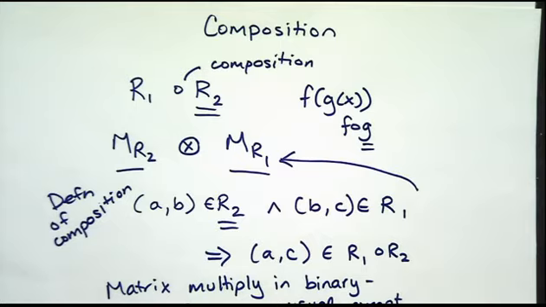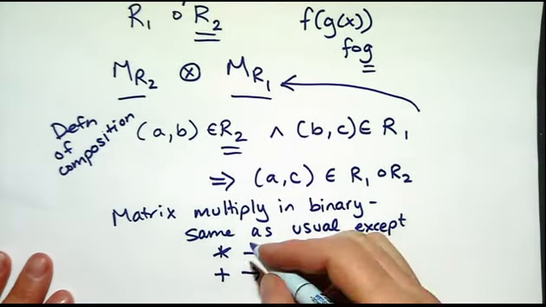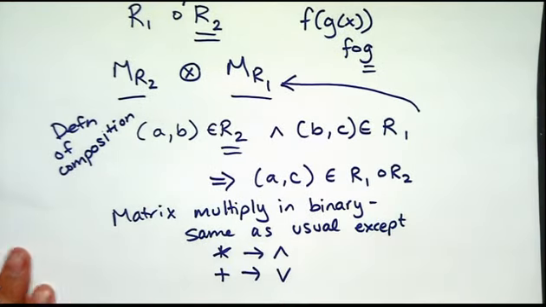What does times go to? And plus goes to or. So in other words, you can multiply as usual, and then everywhere you have something that isn't a 0 or a 1, it should be a 1.